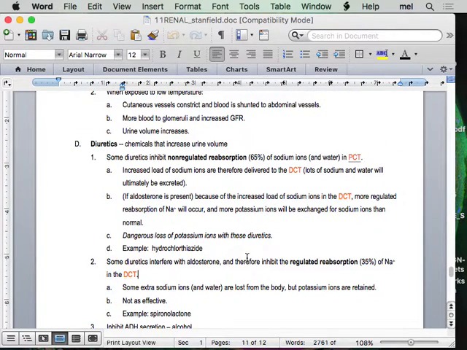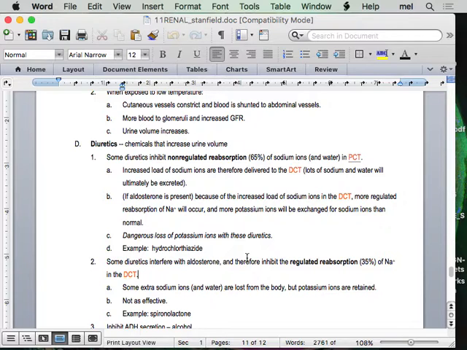Okay, so diuretics work like this. You can either work on the 65% or you can work on the 35%. If you inhibit reabsorption at the 65% at the PCT, it's going to be a really effective diuretic, right? But the problem is that if you inhibit the 65% reabsorption, you're going to deliver all of that sodium to the distal convoluted tubule.